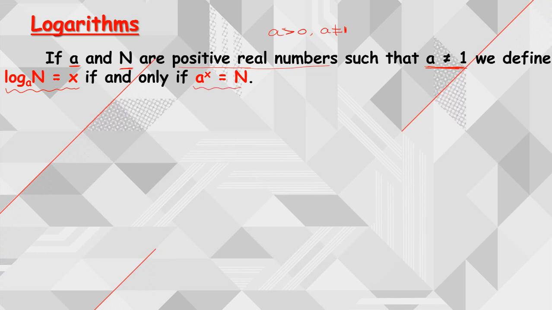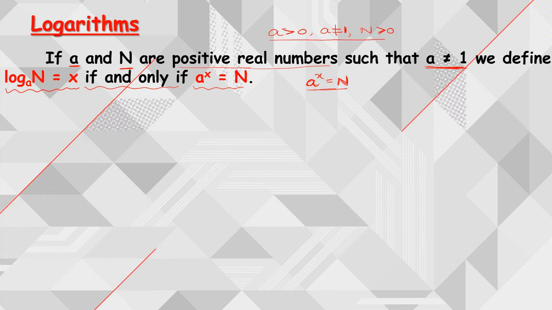Now let us see this. What is the meaning of if and only if? Suppose I have an exponential form a power x is equal to n, which satisfies these conditions: a is greater than 0, a not equal to 1, and n is greater than 0.